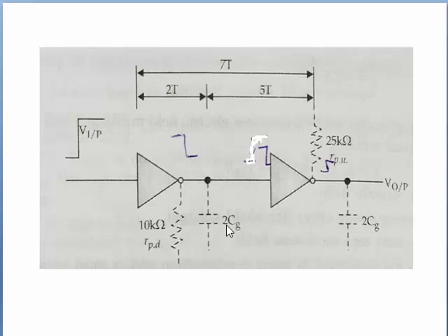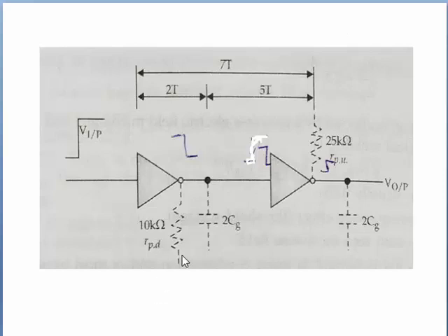That's why the capacitance is 2 Cg, and the capacitance in the NMOS inverter is Cg. So the gate capacitance is double in the case of CMOS as compared to the NMOS inverter.